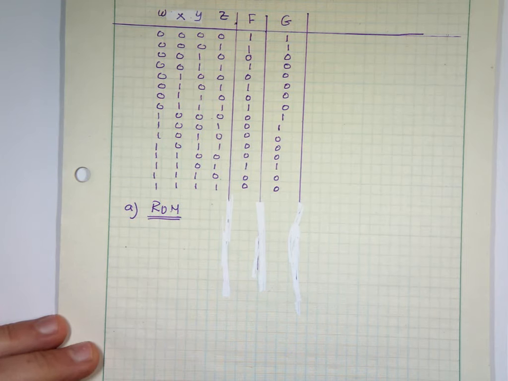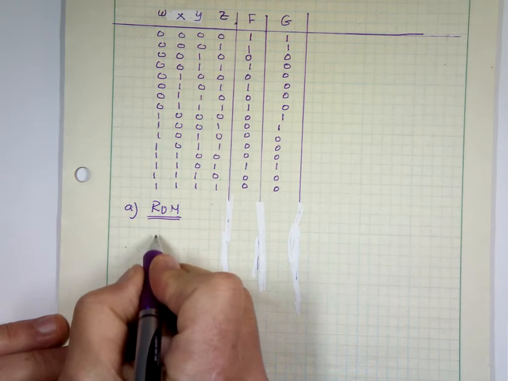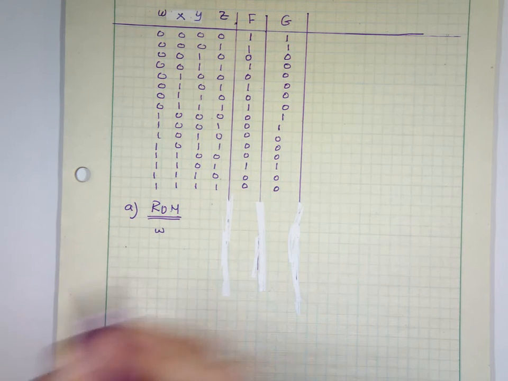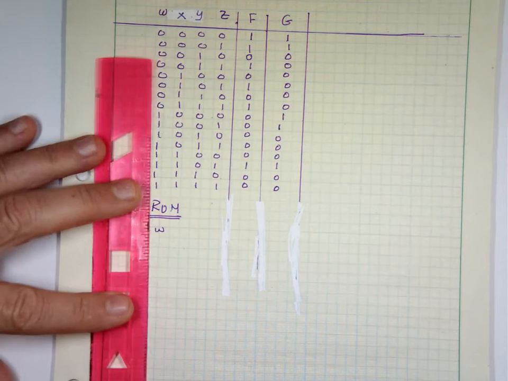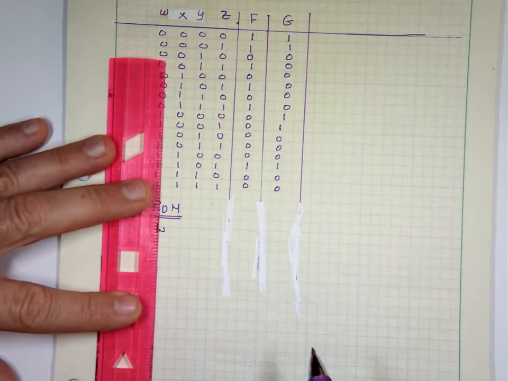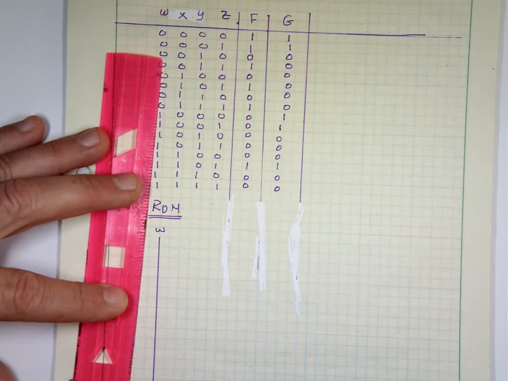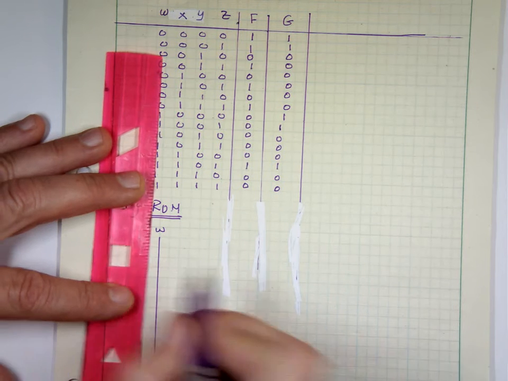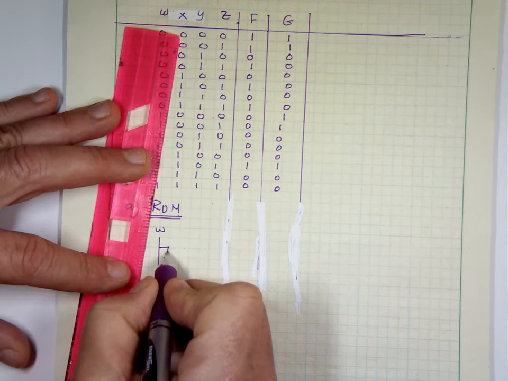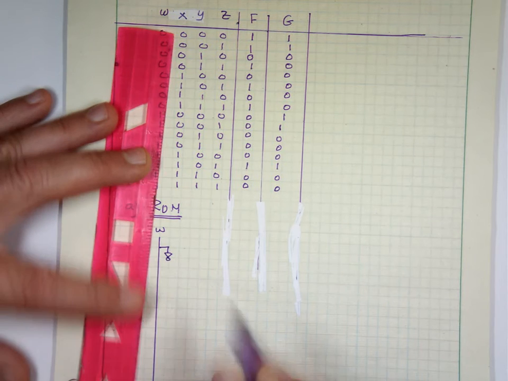I could probably. Before I do that, let's count. Do I have enough? 1, 2, 3, 4, 5, 6, 7, 8, 9, 10, 11, 12, 13, 14, 15, 16. Yes, I'm okay.